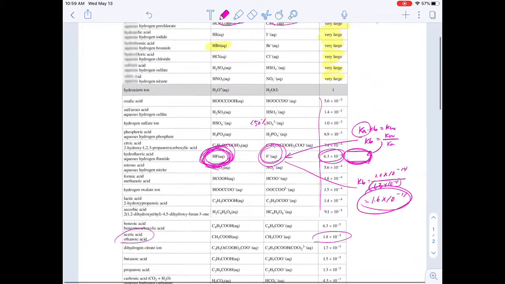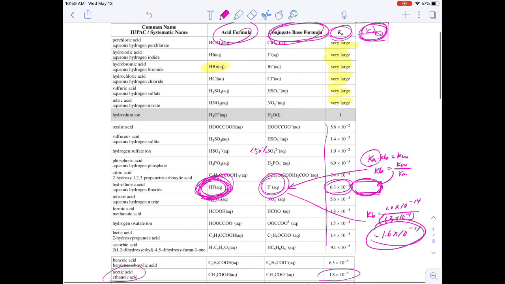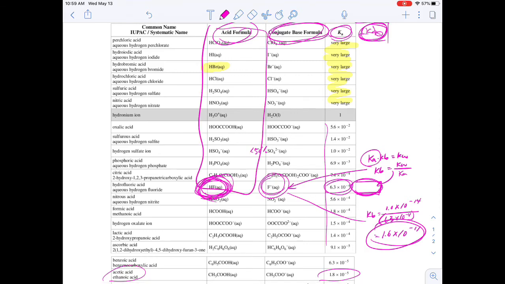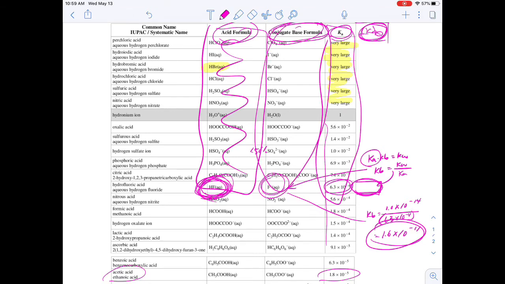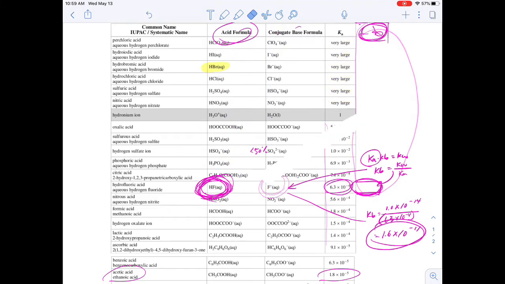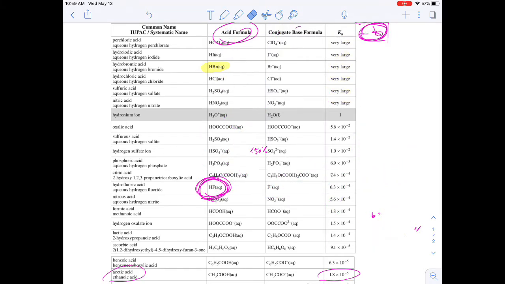And again, the Ka that is listed here applies to this column. And for the conjugate base, we can calculate any of those values using Kw divided by the Ka for the conjugate acid.